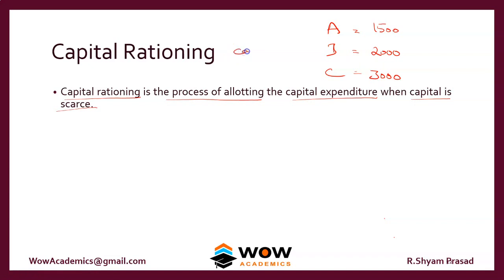But the total availability of capital with the company is something like 2000. So it cannot choose all the projects, right? Because to choose all the projects, the company would need something like 6500, but the company has an availability of only 2000 as its capital. So it can't take all the projects which are available to it.